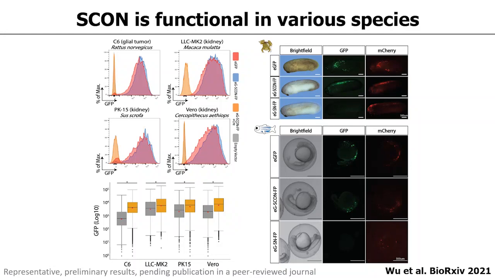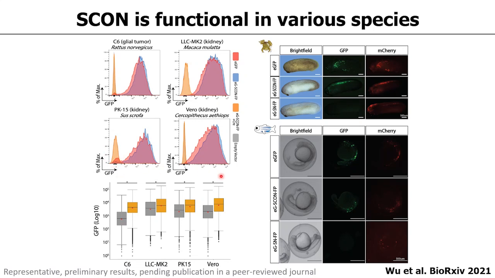We have now moved on to other species to see whether a similar conditional knockout strategy can be applied. Here we used cell lines from various species such as rat, two species of monkey, and Sus scrofa, the wild pig. Both EGFP and SCON-containing EGFP show very nice GFP expression patterns, and after Cre activation you can see the knockout of the splicing function.